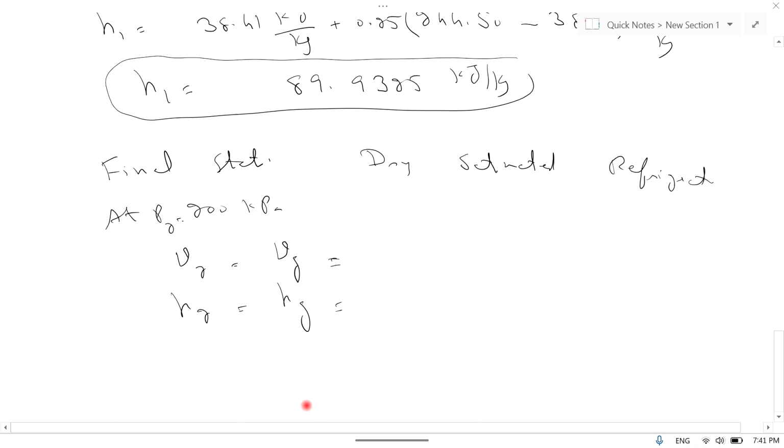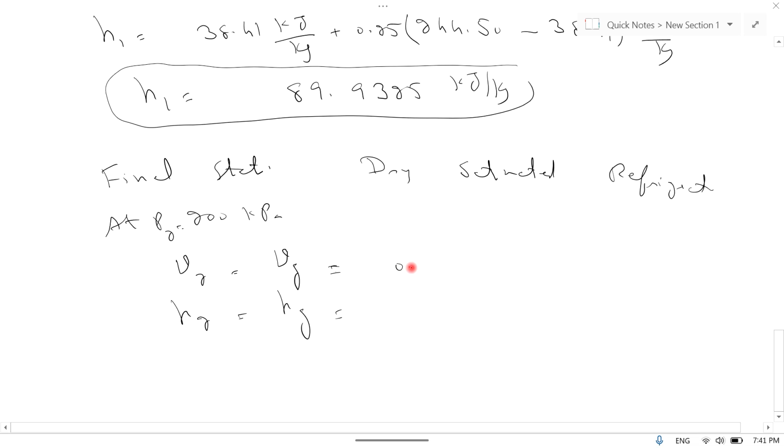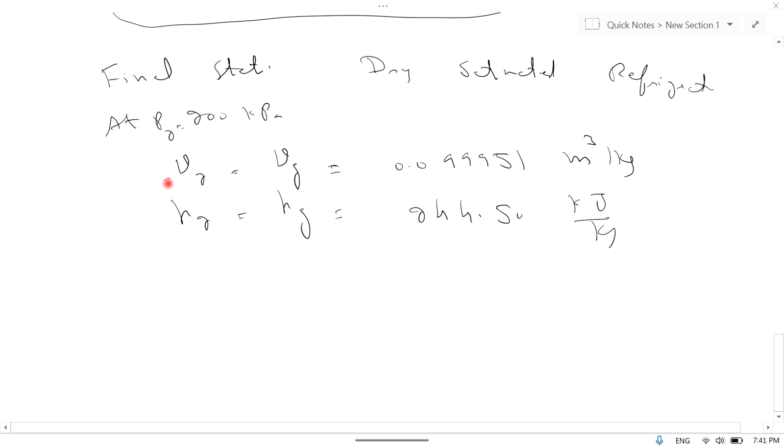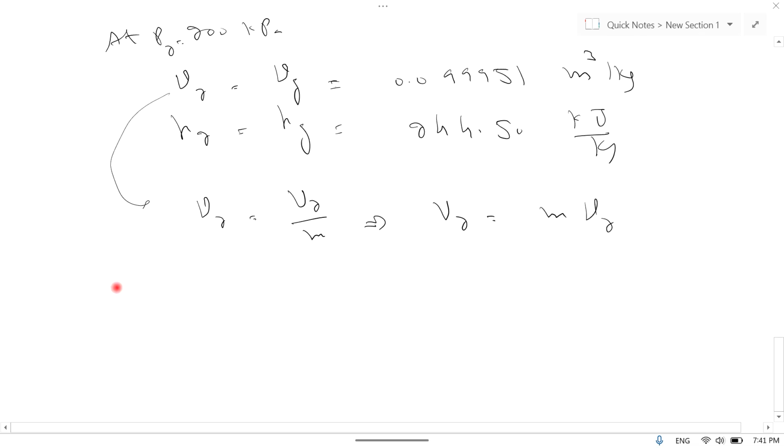So Vg is 0.09951 meter cube per kg, and Hg is equal to 244.50 kilojoule per kg. Now we can find total volume from this, as specific volume is total volume divided by mass. So total volume is equal to mass into specific volume.